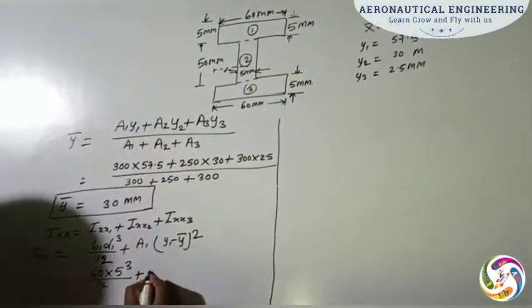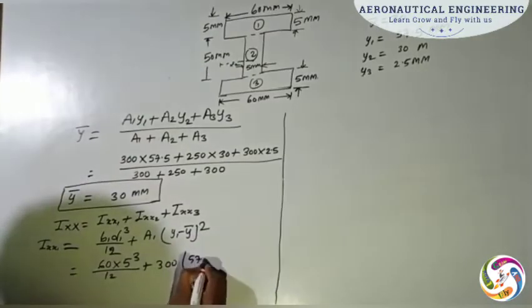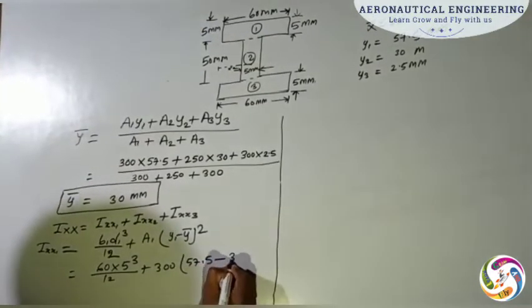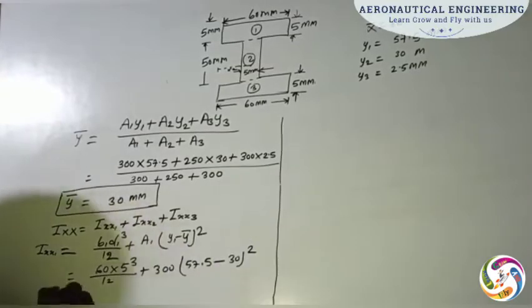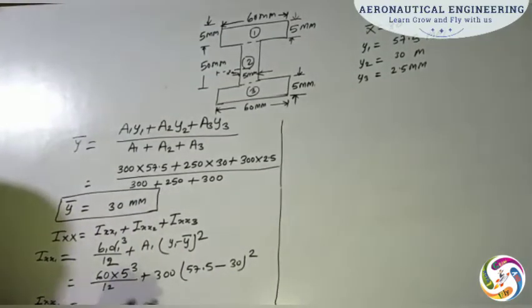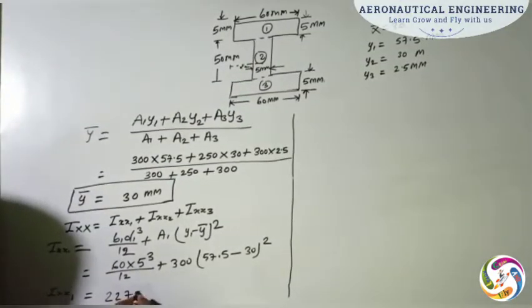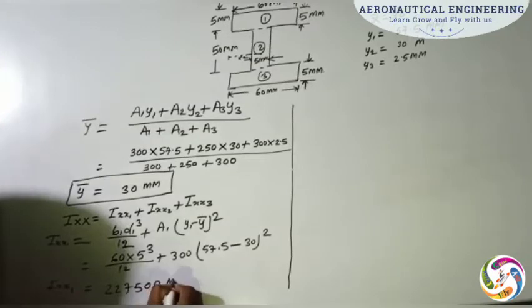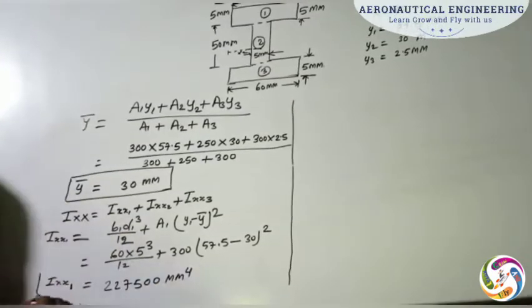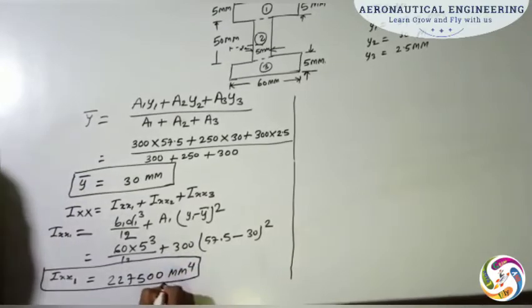A1 area is 300, y1 value is 57.5, y bar value is 30. If we calculate this, we get that much mm power 4. So this is the moment of inertia for the first section.